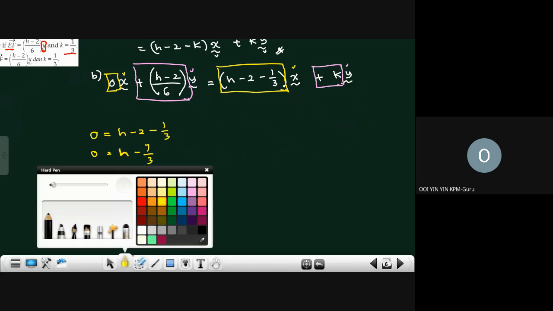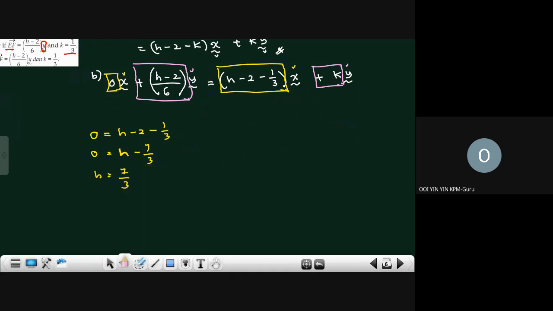And then here, this part, we use the pinky color. H minus 2 over 6 will equal your K. Here will equal your K. And then you remember the K, they gave you already the figure, right?